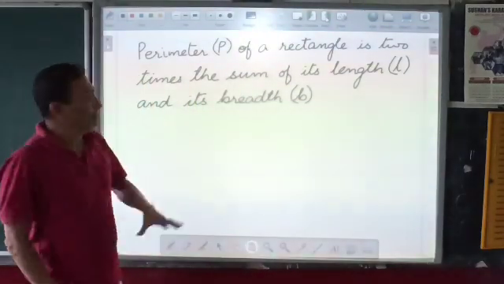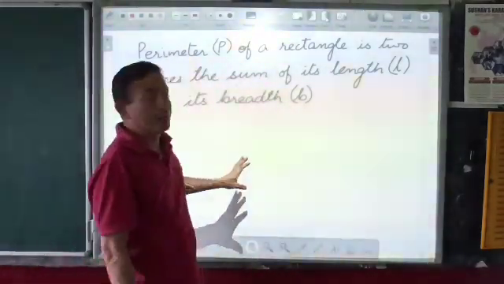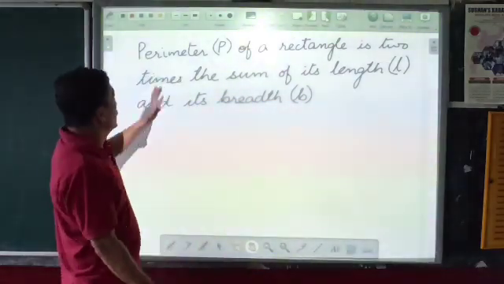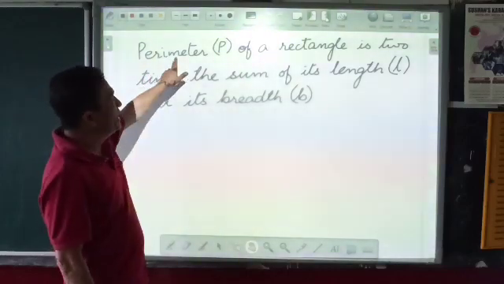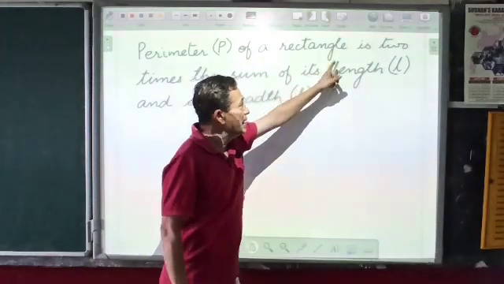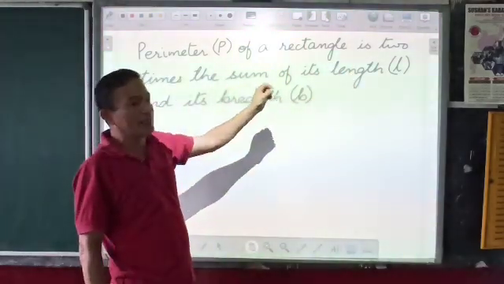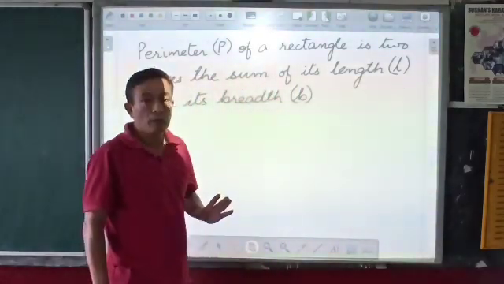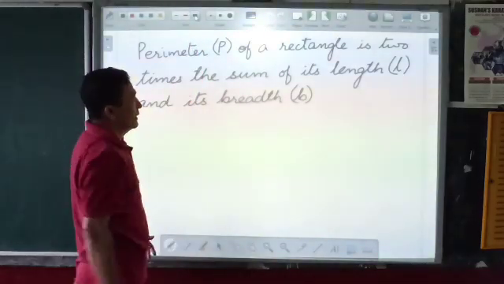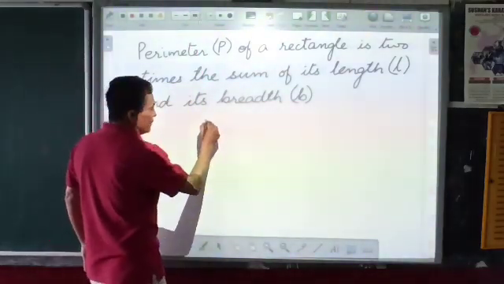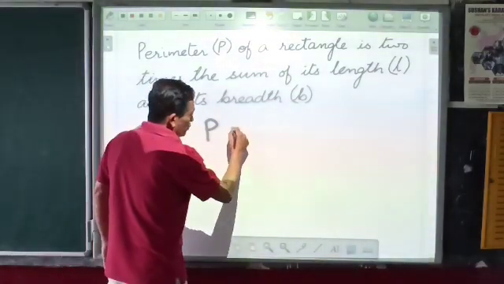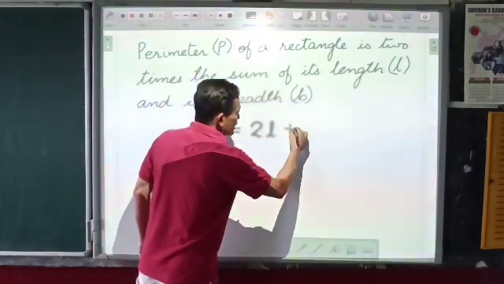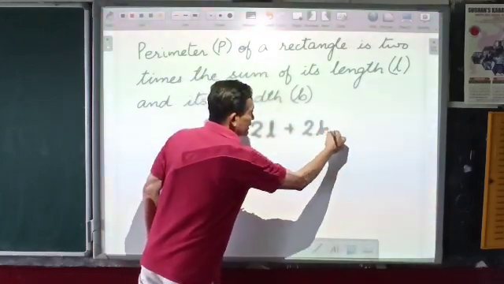Okay, let's take one example. We've got a statement given to us, and we have to convert that statement actually into an algebraic form. So the statement says perimeter P of a rectangle is 2 times the sum of its length, which is L, and its breadth B. So what they are trying to tell us here is that the perimeter P is equal to 2 times the length plus 2 times the breadth.